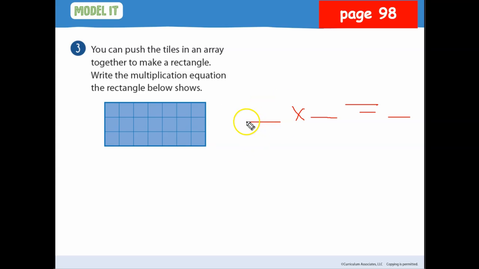The first number tells me how many what when it comes to an array? Rows. So how many rows do I have right here? 3. Remember, rows is across like this. So how many rows? 3.